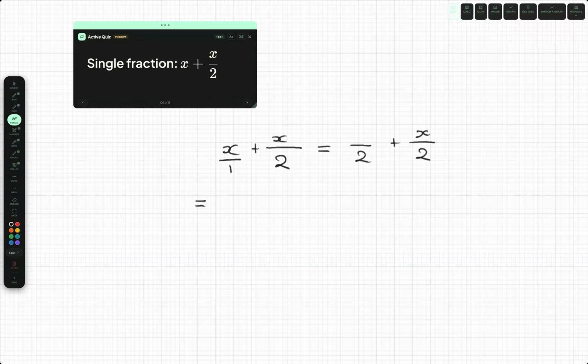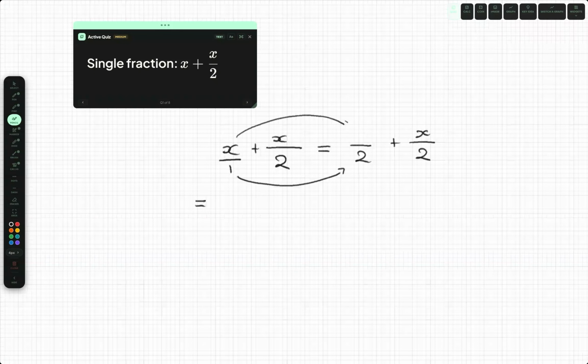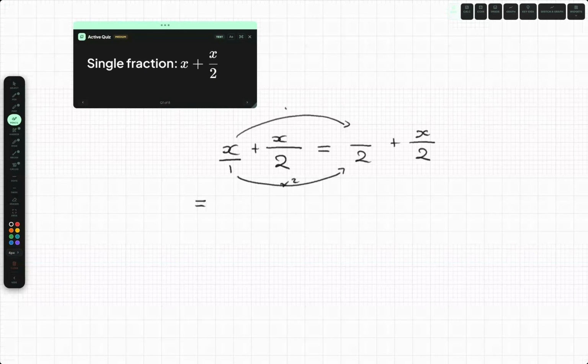But something has changed. To go from here to our 2, we've multiplied the denominator by 2, which means we have to do the exact same to the numerator, because otherwise we don't have an equivalent fraction. So we're also going to multiply this by 2, and we get 2x over 2 plus x over 2.